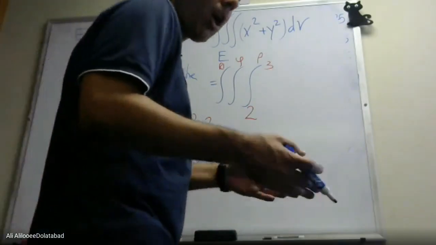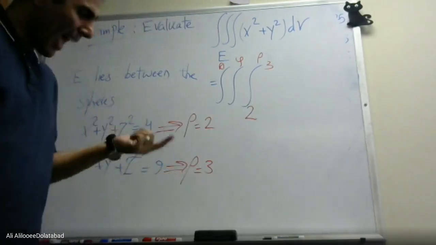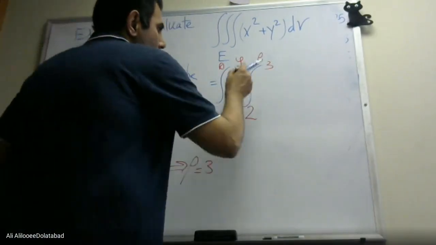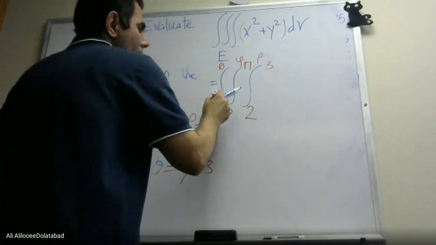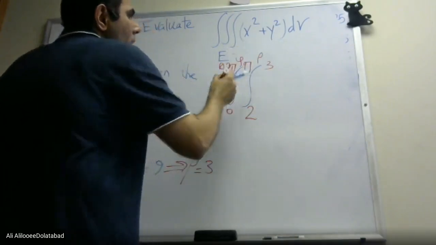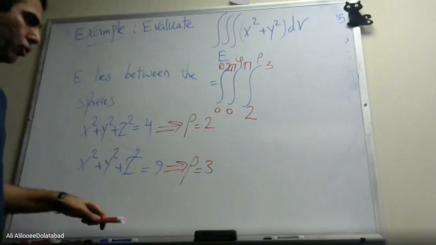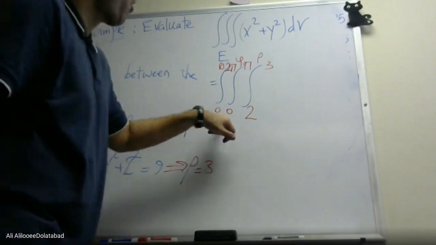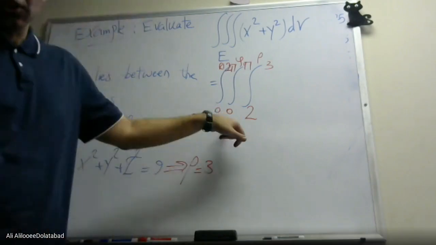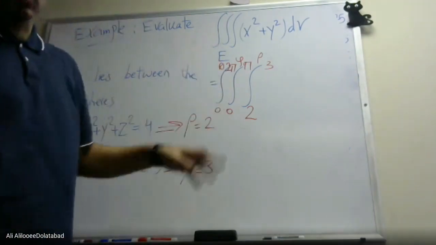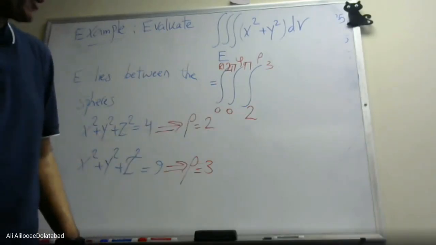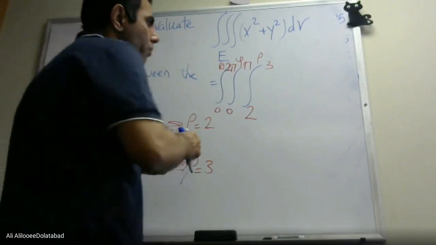When they have no restriction, their bounds will be 0 to pi for phi and 0 to 2 pi for theta. We have actually nothing to change here. So the bound for phi is 0 to pi, and the bound for theta is also 0 to 2 pi. So okay, then we need the Jacobian.